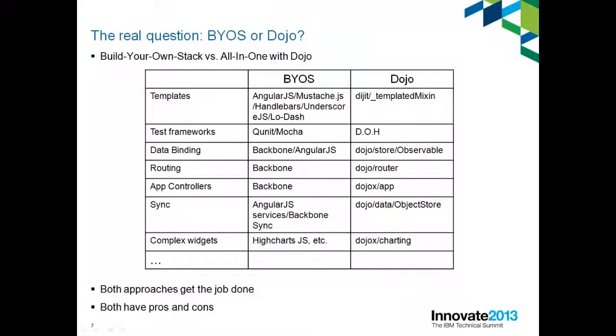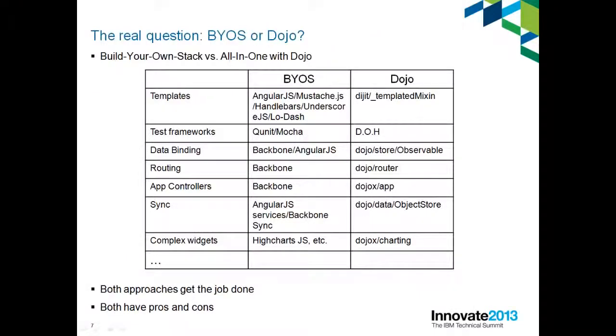And this is the important chart I want you to take away. jQuery versus Dojo is not the right question. The right question is, do you build your own stack or do you use Dojo? Because, as I mentioned, jQuery doesn't give you everything you need for enterprise development. It just gives you basic capabilities of doing DOM manipulation, changing the style on some elements, and that stuff.